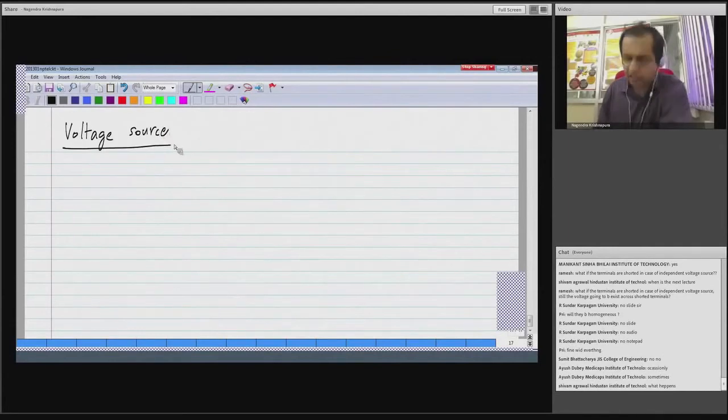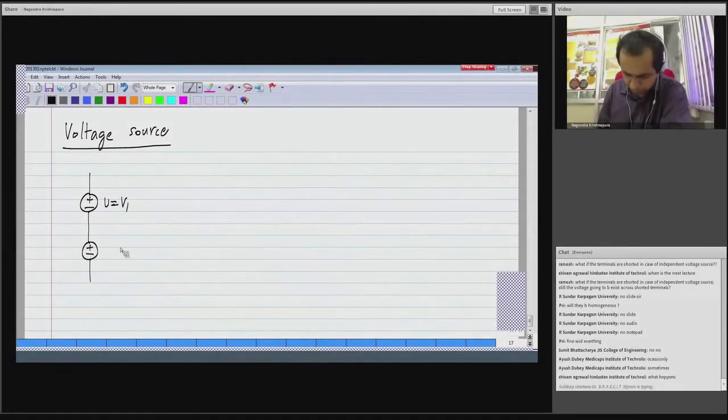So first, let's consider the independent voltage source. Let's say I have a voltage source of value V1 and a voltage source of value V2.